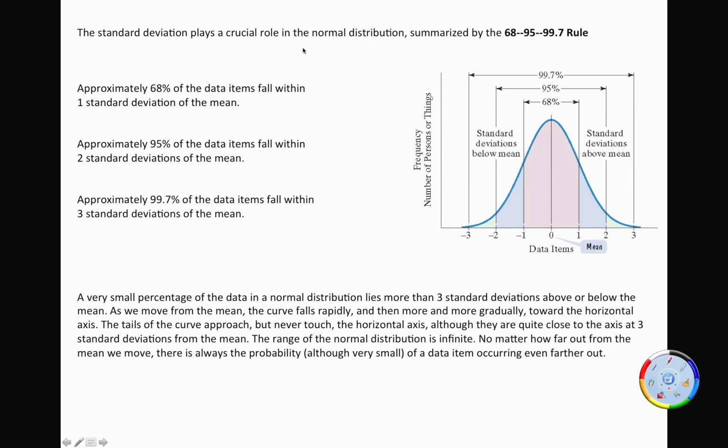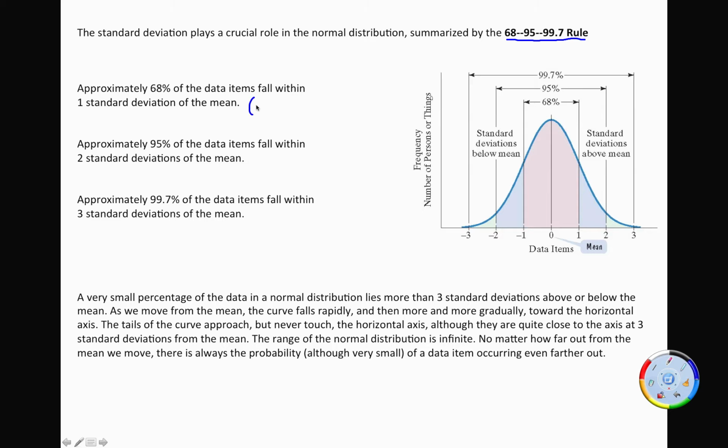Okay, the standard deviation plays a crucial role in the normal distribution, and it's summarized by the 68-95-99.7 rule. It tells us that approximately 68% of the data items fall within one standard deviation of the mean.